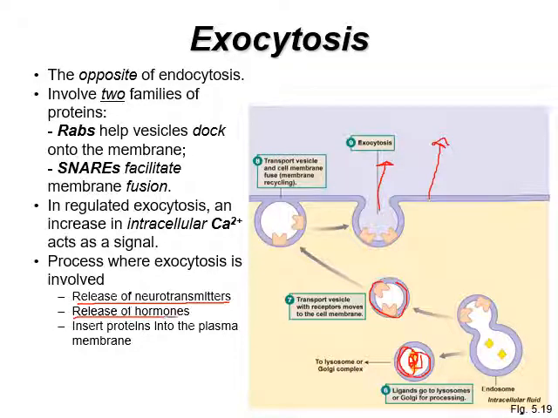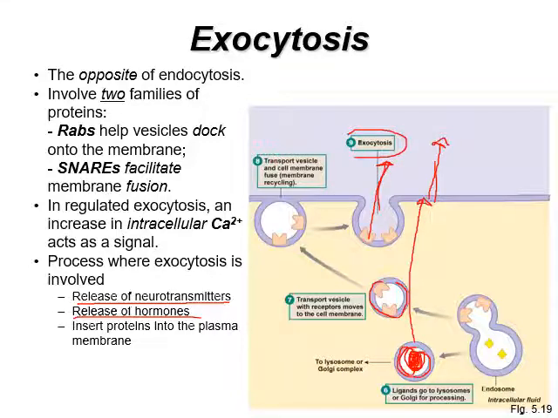Some cells of your endocrine system also hold hormones in a vesicle, and when they need to be released, they are sent to the membrane, they dock, and then are released through exocytosis. So basically the vesicle is fusing first with the membrane, then it opens up and gets released.